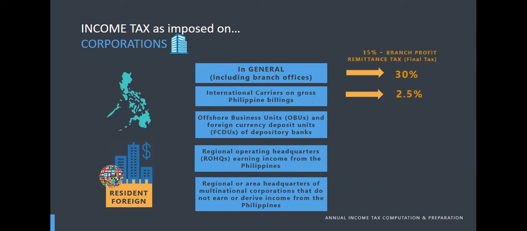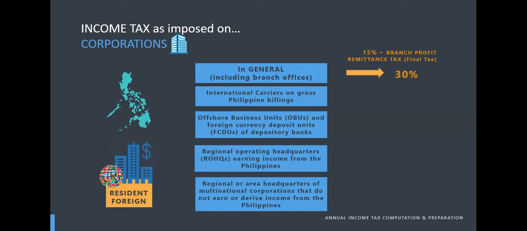Upon remittance of certain income to their home office, branch offices are subject to a 15% branch profit remittance tax. This tax is applicable if there is an earmarked amount subject for remittance. So if there is none, there is no branch profit remittance tax.